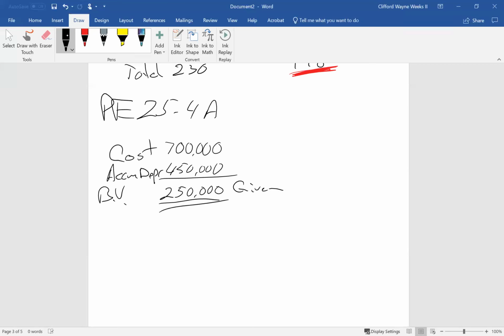So this 250 was given in the problem, right? And so here's the scenario. We're actually the IT guy for this company, right? And we're like, man, you know, we've had this equipment for 5 years. You know, it's getting pretty doggish. We should go and get some new equipment. So you do all the work. You find out that, hey, we can go out and buy some new equipment.